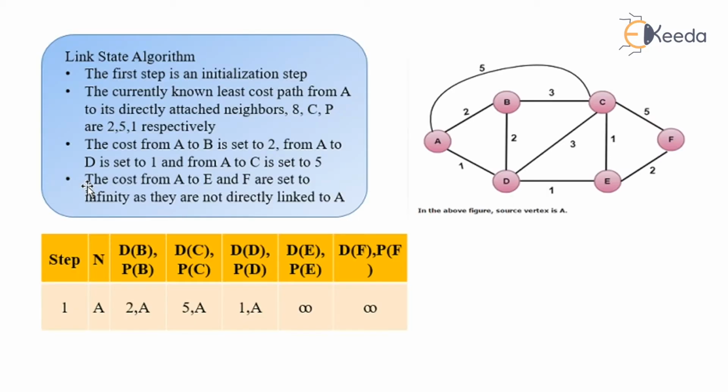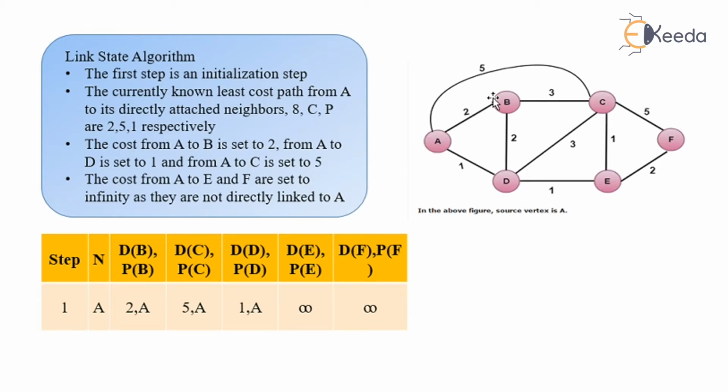Let us see this through the example. The first step is the initialization step. The currently known least cost path from A to its directly attached neighbors is as given below. Now let us see using a diagram. If I want to send from A to B, D is the cost and P is the immediate previous neighbor.